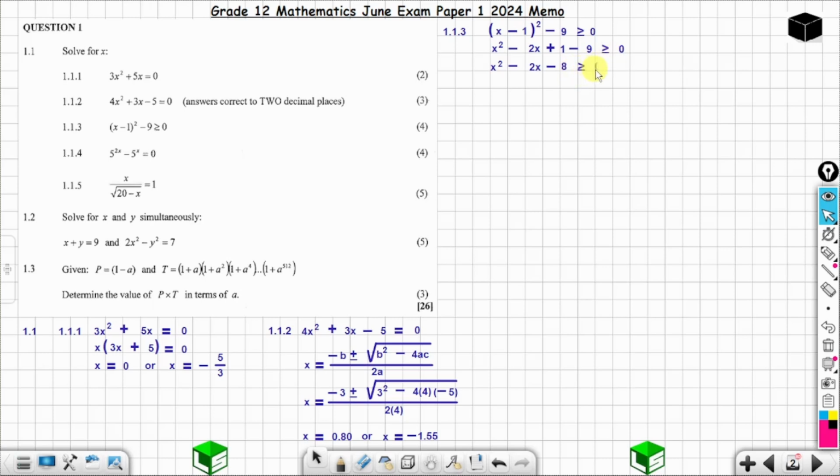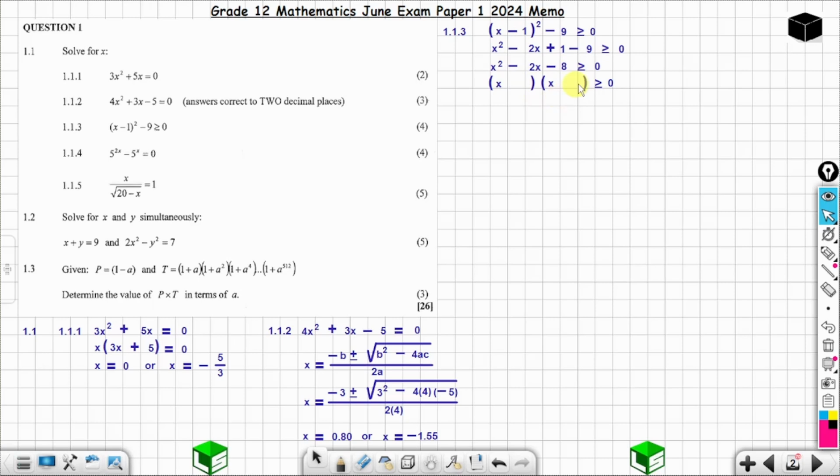Now, you're going to factorize. You're going to have your bracket, okay? You have x times x, which will give you x squared. Now, you have minus 8. You need to have two terms. When you multiply the two terms, you are going to have minus 8.